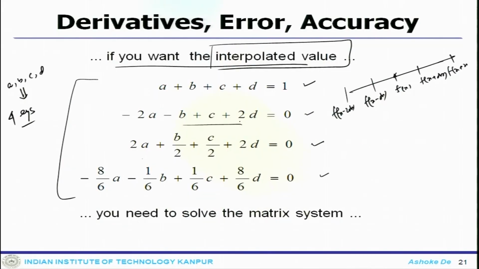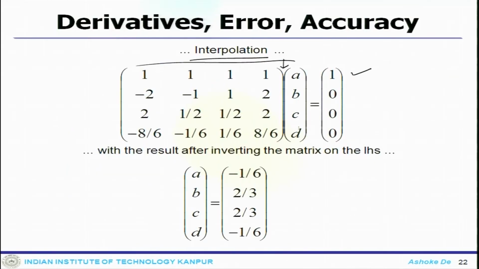If you put the coefficients a, b, c, d as 0, 0, 0 and solve this matrix, you get a equals minus 1 by 6, b equals 2 by 3, c equals 2 by 3 and d equals minus 1 by 6.